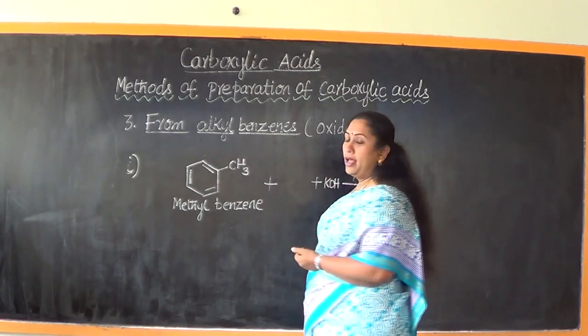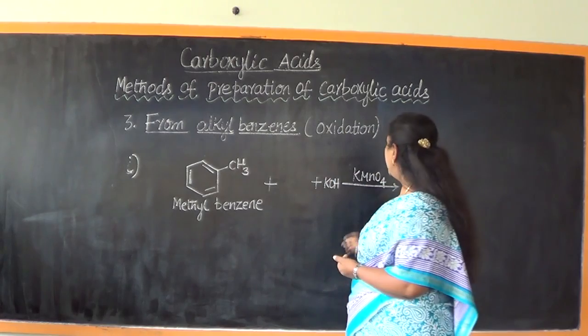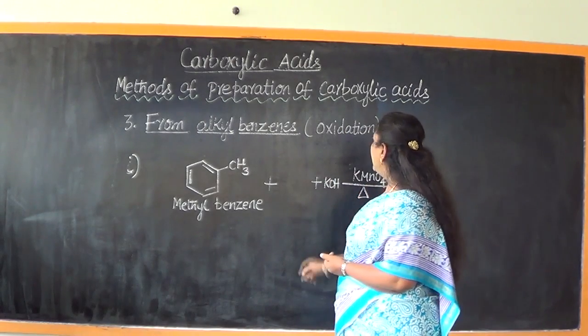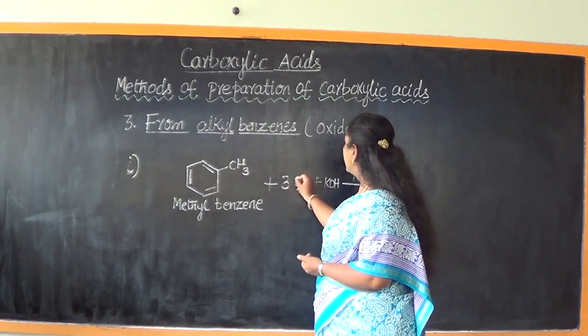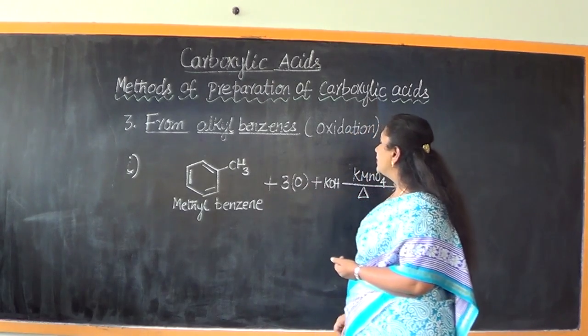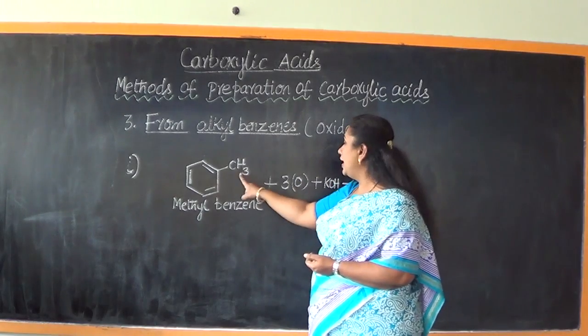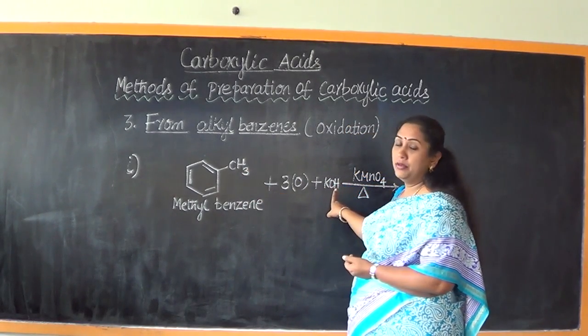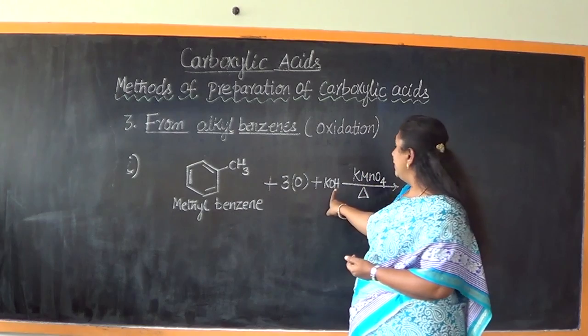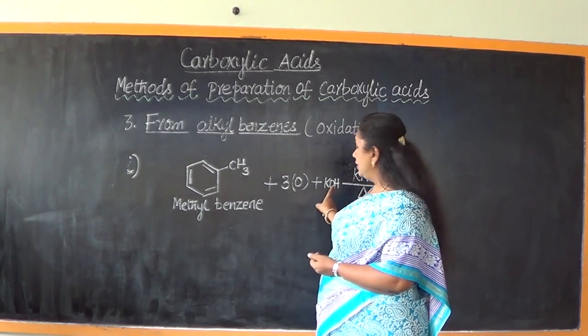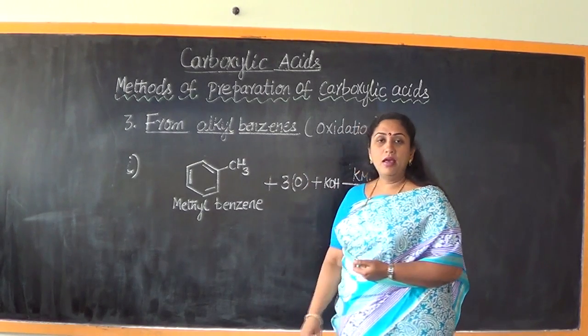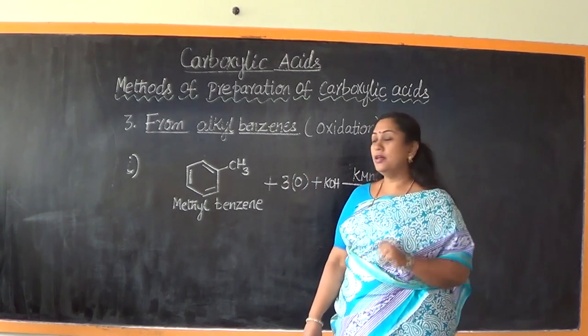So these two will act as a good oxidizing agent. Upon heating they will release nascent oxygen. So now what happens? 2 hydrogen from here, all the 3 hydrogen from here along with this hydrogen will take away 2 oxygen, one from here and one from here, and goes out as 2 molecules of water.